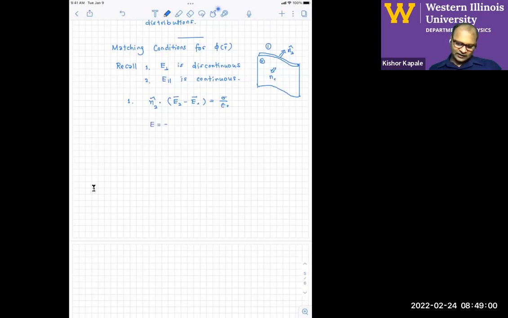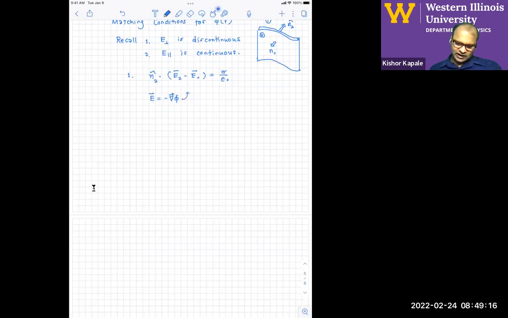E is now the negative gradient of phi. Sorry, phi is not a vector quantity; the gradient is. So let's take this and substitute it into that equation: you get n2 dotted with negative gradient of phi 1.